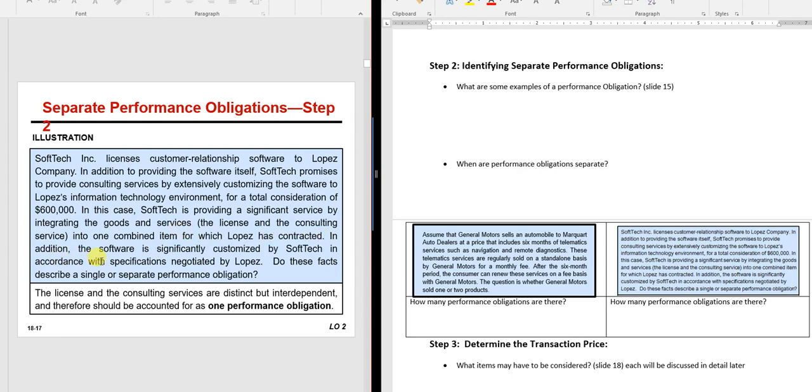In addition, the software is significantly customized by Softtech in accordance with specifications negotiated by Lopez. Do these facts describe a single or separate performance obligation? And notice the license and consulting services are distinct but interdependent, so they're one performance obligation. So in this case, it's one.